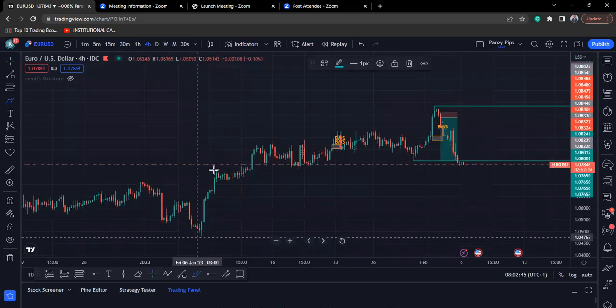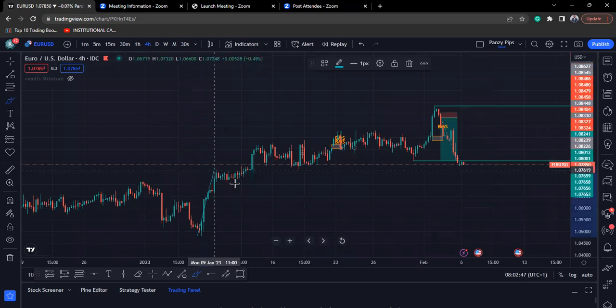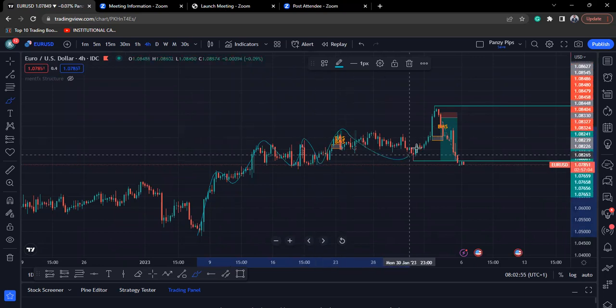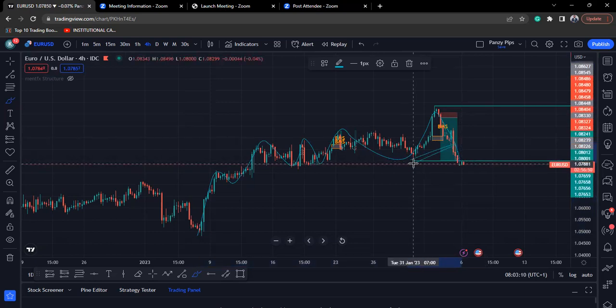So you see up, down, up, down, up, down, up, and then comes to make this low here and then a higher high. But momentarily, there's a momentary shift in order flow. Okay, it's a bullish structure, no doubt, but order flow is now looking bearish because this level of support has been taken out.